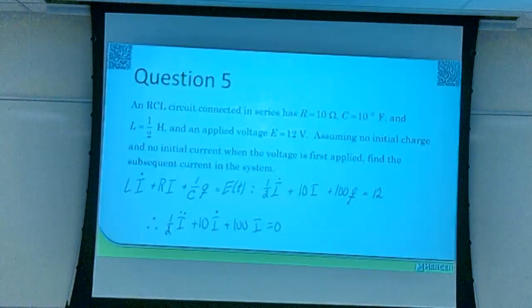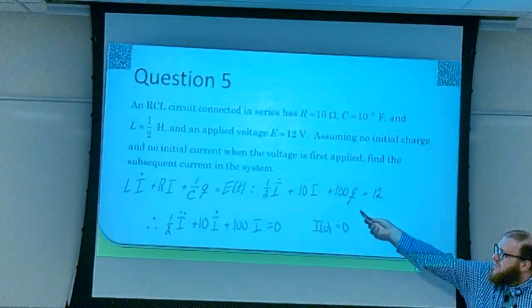This gives us I of 0 equals 0. But we have a problem. We need I dot of 0. I'm out of time, so I'll just explain.